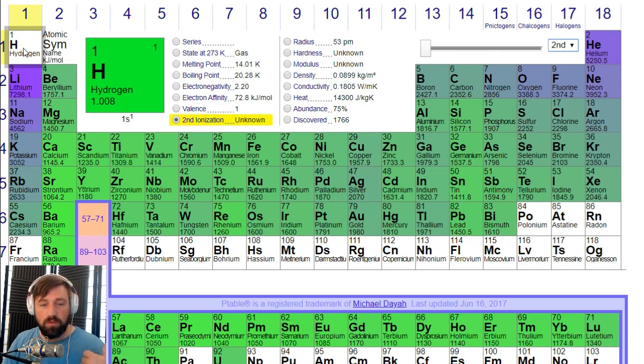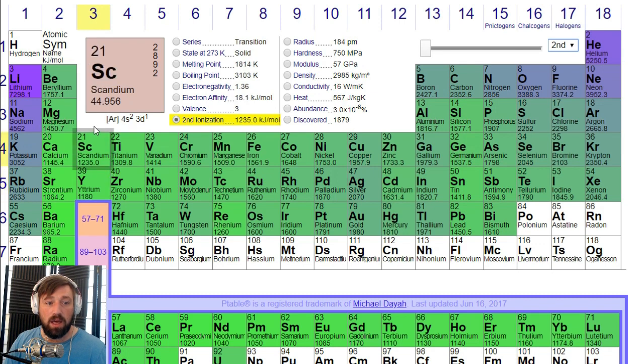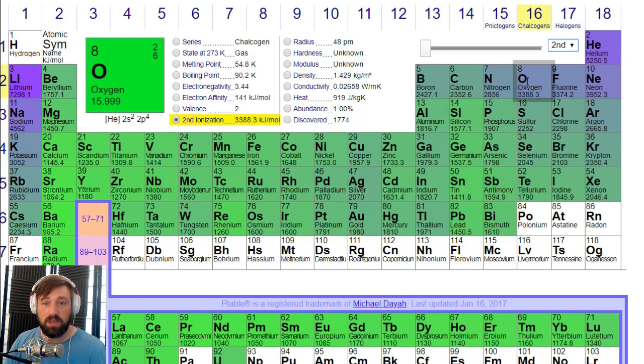If we've already removed one electron, the energy to remove that second electron is going to change because group 1 now has a full octet. Group 2 has a single electron, and it's going to be very easy to steal from them now. And then group 13, 14, 15, 16, all of these have kind of shifted over.